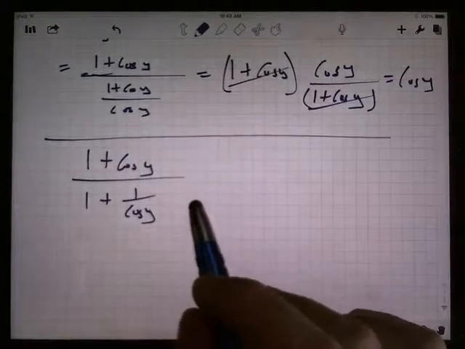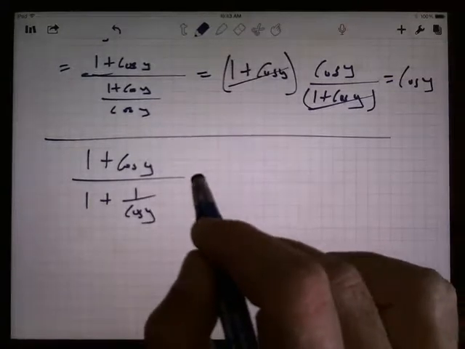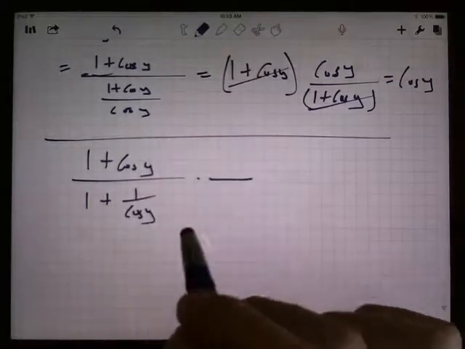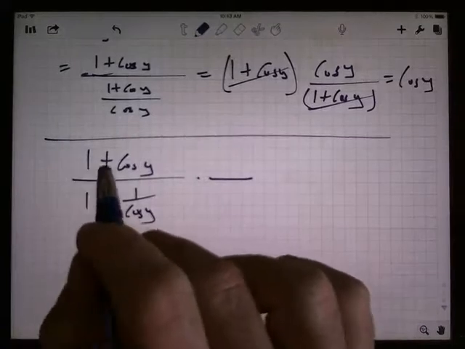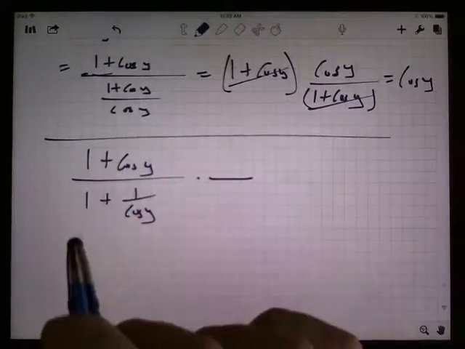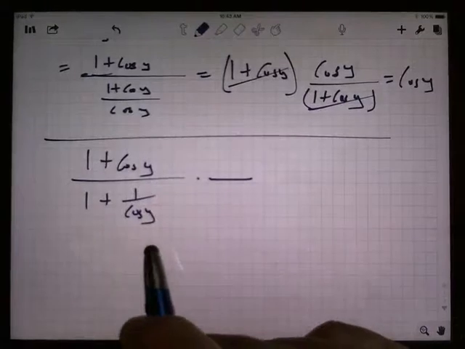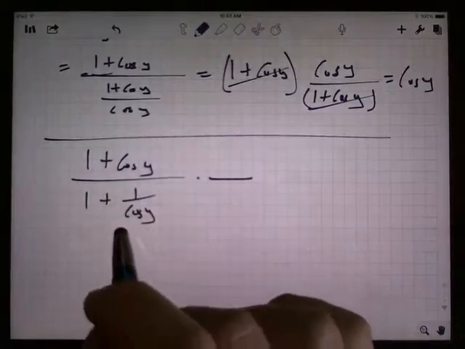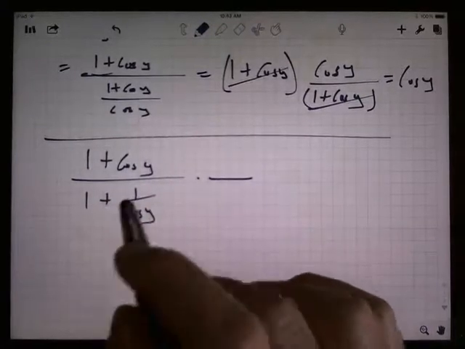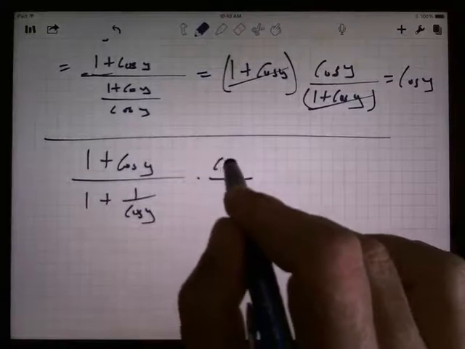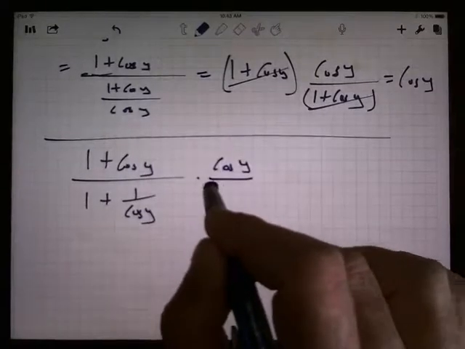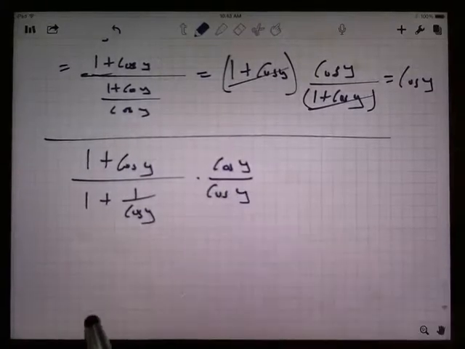They say I want to multiply by 1, and they look at each of the things that are being added in the numerator and the denominator, and everything that's a fraction, they look for the denominators, and there's just one denominator here. It's cosine y. So I'm going to multiply the top by cosine y, and I'm going to multiply the bottom by cosine y.